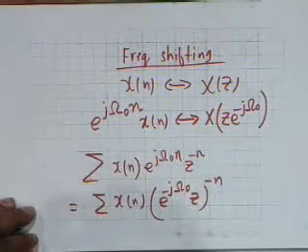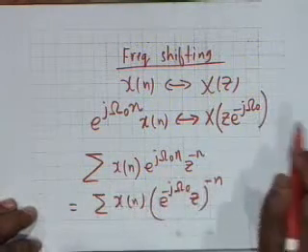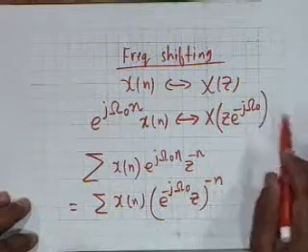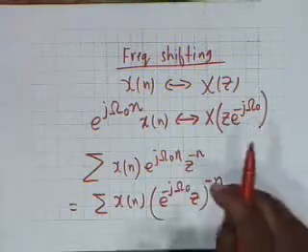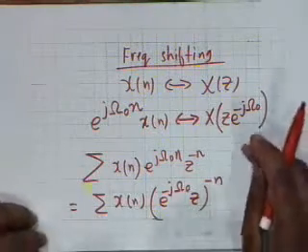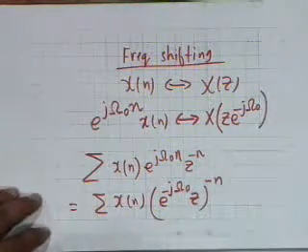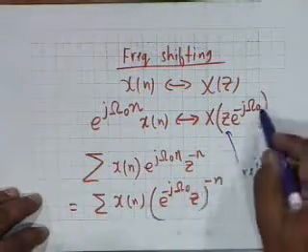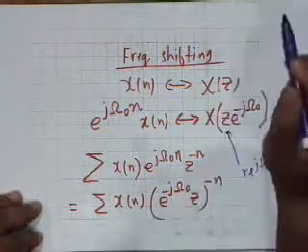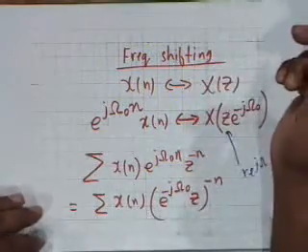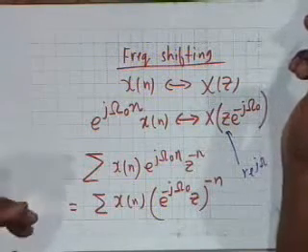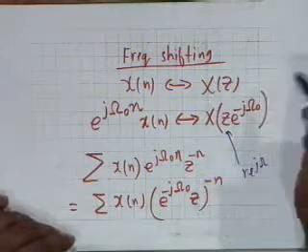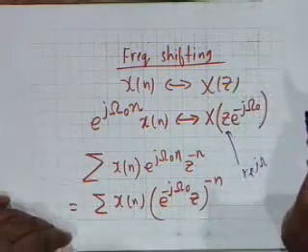All right. We will come to ROC a little later, but all that happens in this is that the frequency variable z gets rotated. Suppose z was r e to the j omega, then this argument becomes r e to the j omega minus omega naught, and therefore the vector gets rotated in the clockwise direction by an amount omega naught, and therefore this stands for rotation.